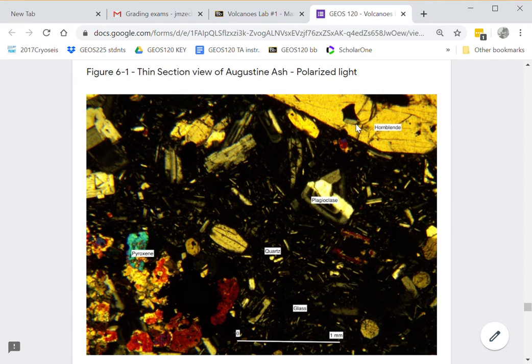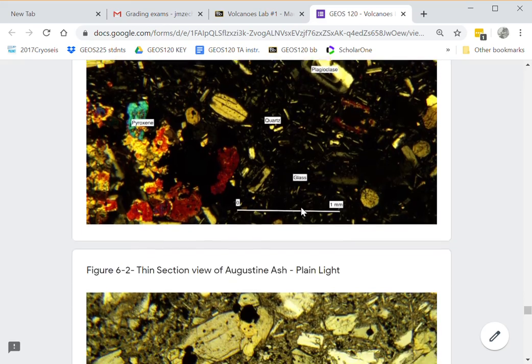And there's some questions that ask you about which minerals are in the ash, and it tells you right on this picture. So I think normally it would ask you to actually identify the minerals, but we identified them for you, so don't worry about that.